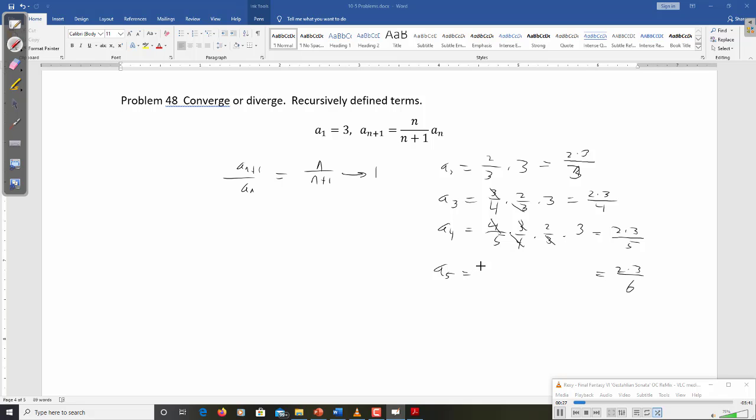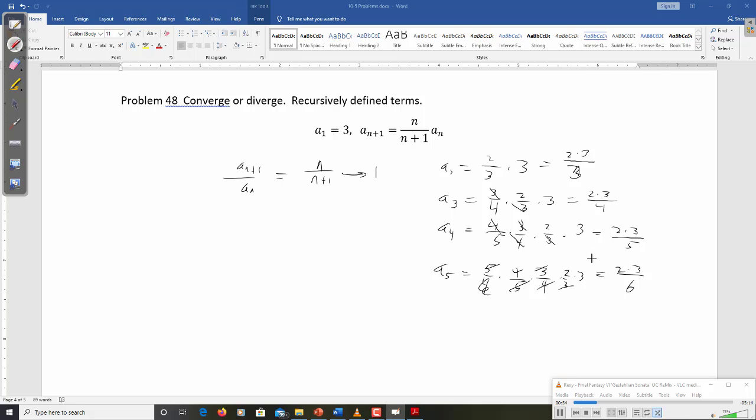Let's see if that bears out. So this would be 5 over 4 times 4 over 5 times 3 over 4 times 2 over 3 times 3. 5 over 6, my bad. There we go. So yeah, 2 times 3 over 6.